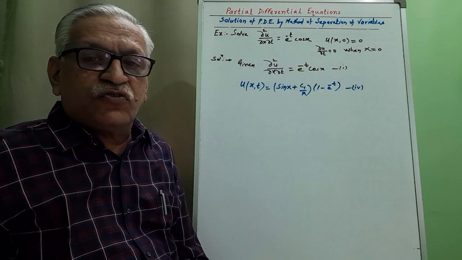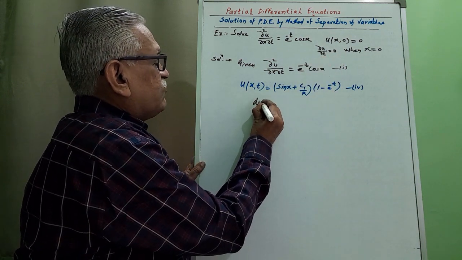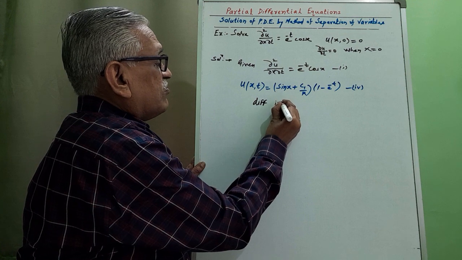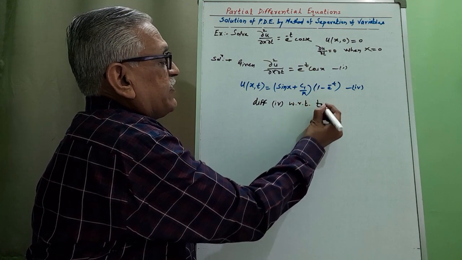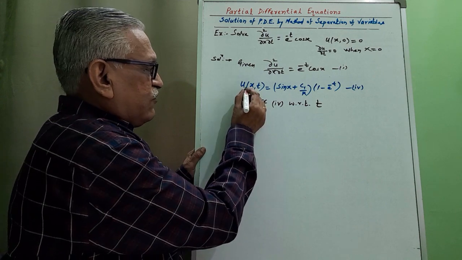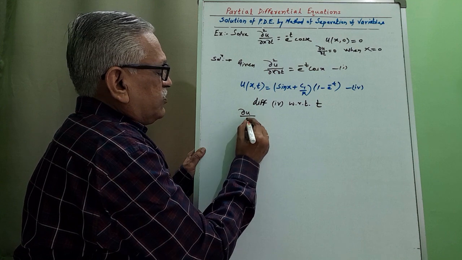Differentiating equation 4 with respect to t, keeping x constant, the derivative of u with respect to t is dou u by dou t.